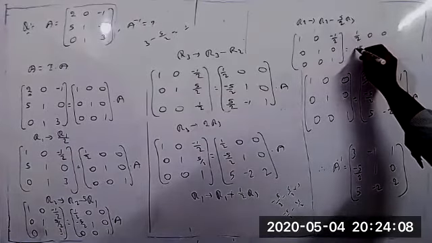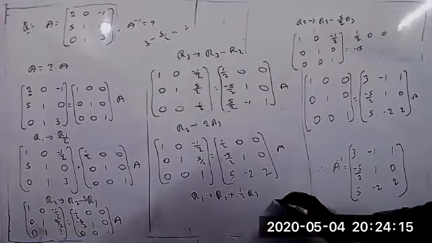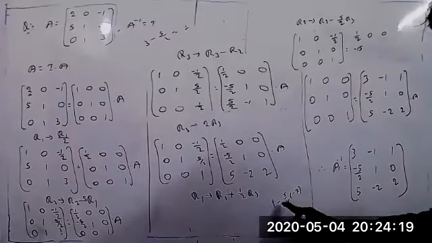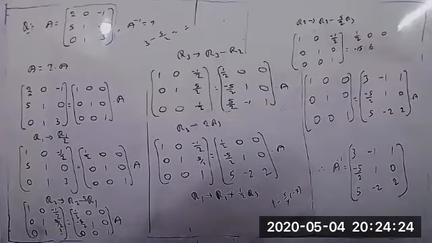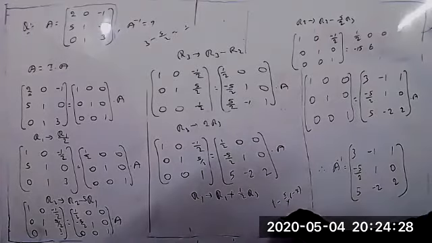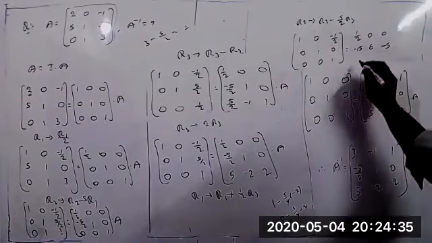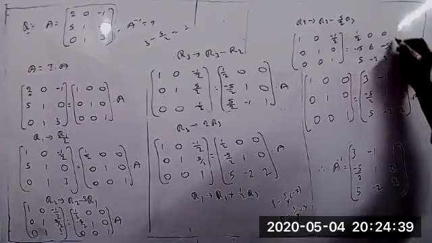Correct, this is the minus 15. Next, 1 minus 5 by 2 into minus 2. 2 will be cancelled, so it is 5 plus 1 equal to 6. Next, 0 minus 5 by 2 into 2, 2 will be cancelled, so minus 5. Rest of all is written as is, so minus 5, minus 2, 2.